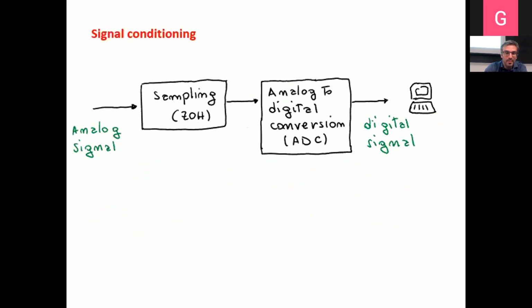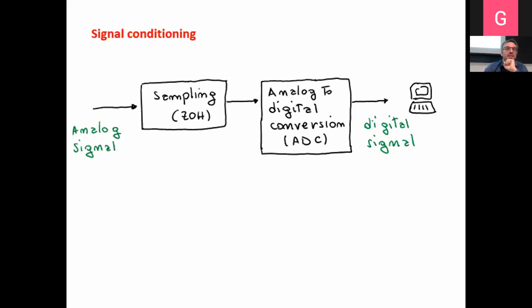And the discretization is the process of sampling an analog signal that is continuously varying in amplitude and in time, and converting it into a digital signal. So the first block is to sample the signal, so read the analog signal in a certain time interval, and then digitalize.